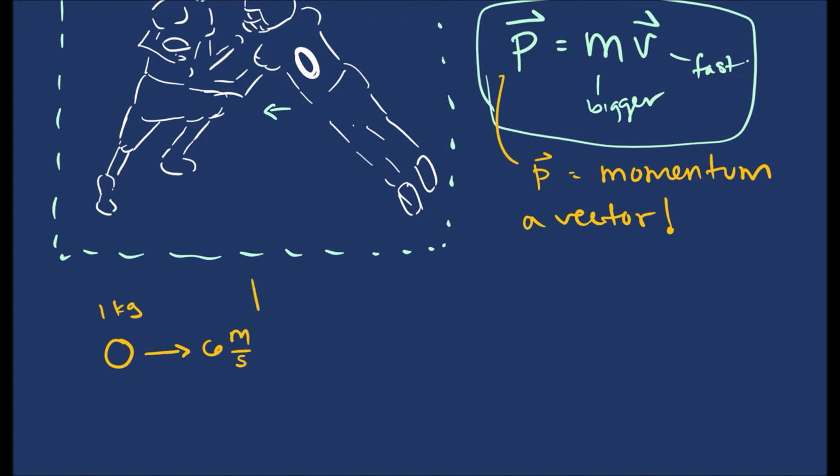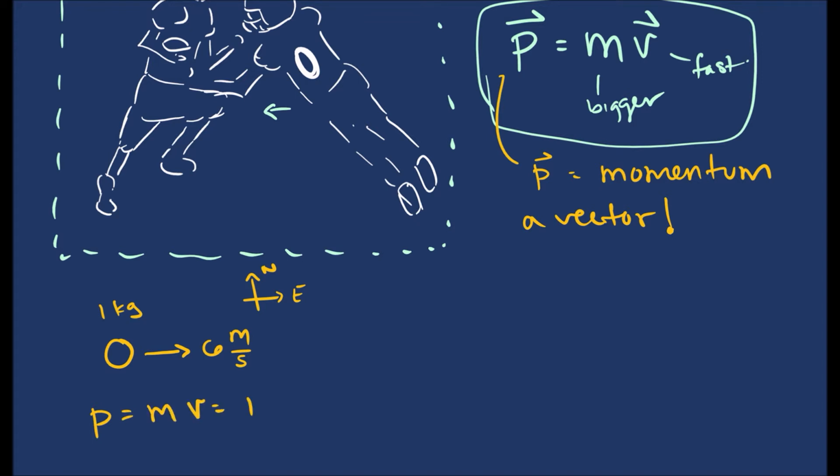Let's establish a reference frame here: north, south, east, west. We would calculate the momentum by taking the mass of the object times its velocity.